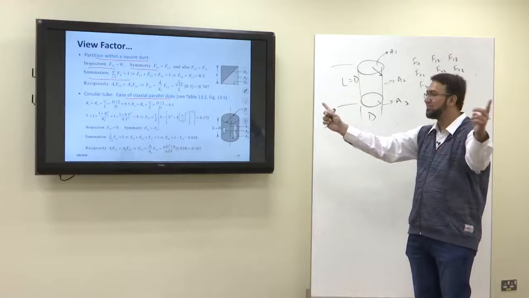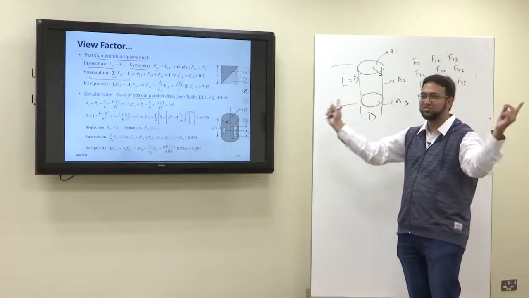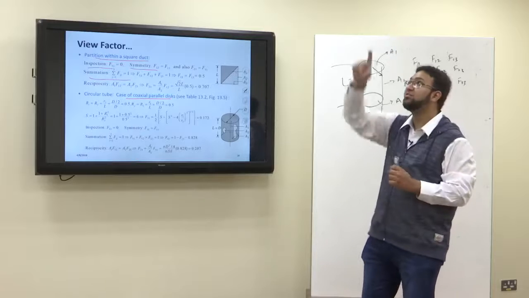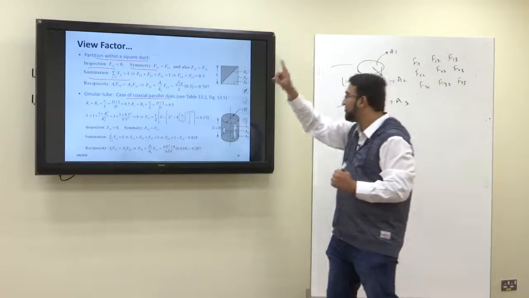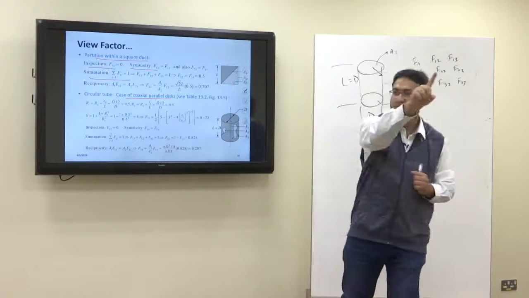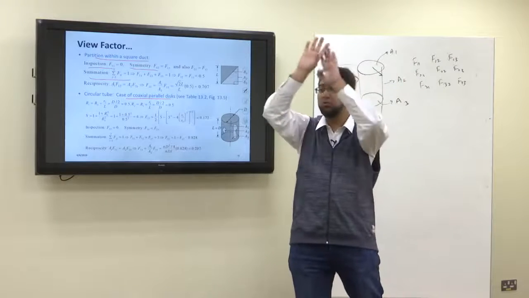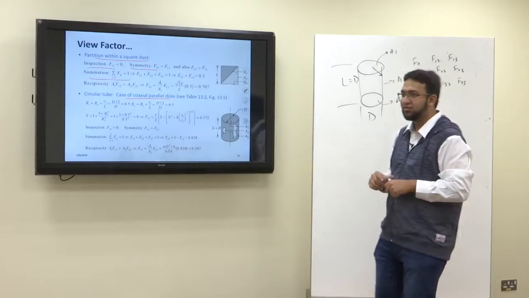Let's say this room is not square, it is cylindrical, and that's the top surface. Any radiation from the top surface can reach the side surface, even moving in a straight line, because radiation moves in all directions. Is that clear?